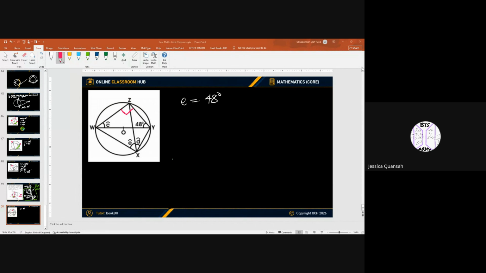WX. Yes. No. Do you understand my question? Which lines have met to form the angle at the pink place? Do you understand the question?